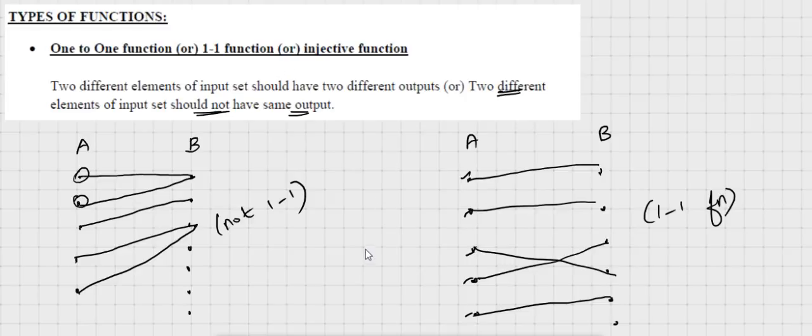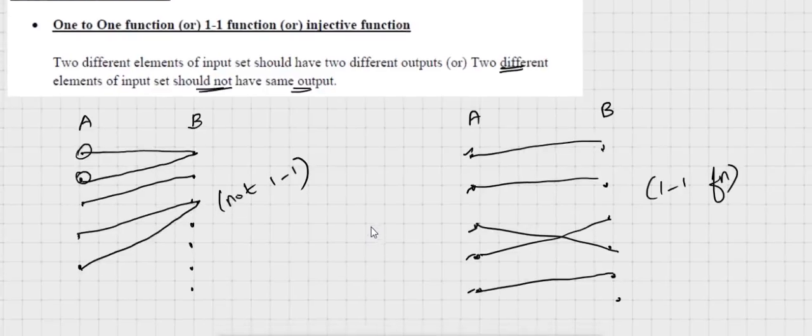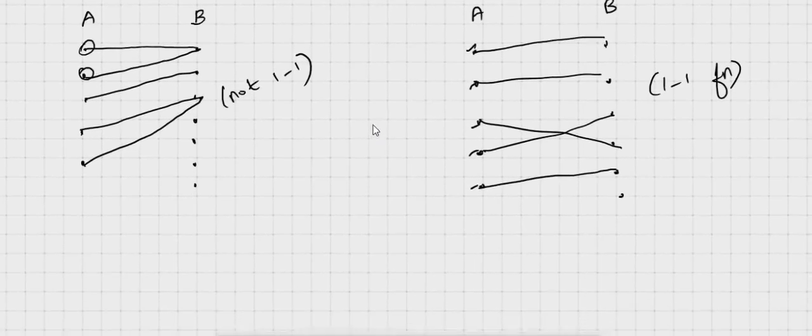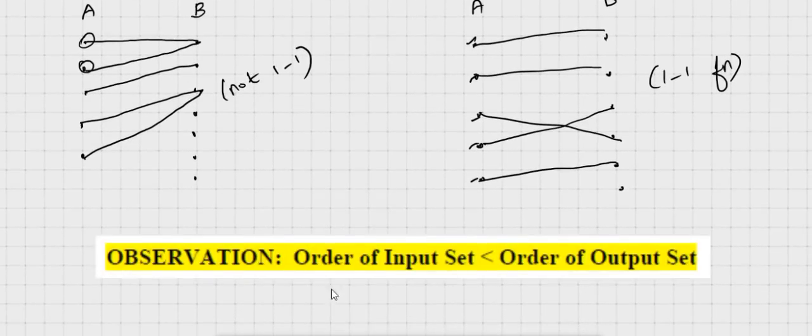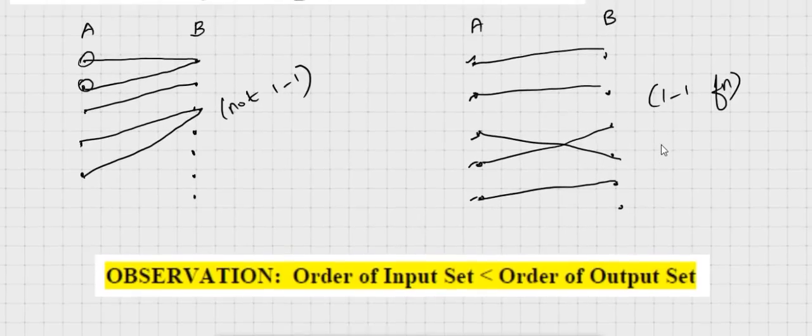Now I am going to tell you a very important observation. If the function is one-to-one, consider the order of the input set. Order means number of elements. Here what is the number of elements of A? It is 5, right?